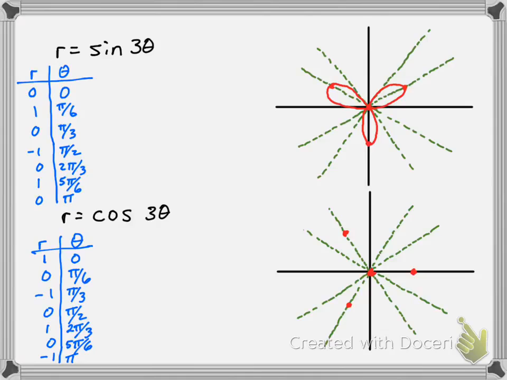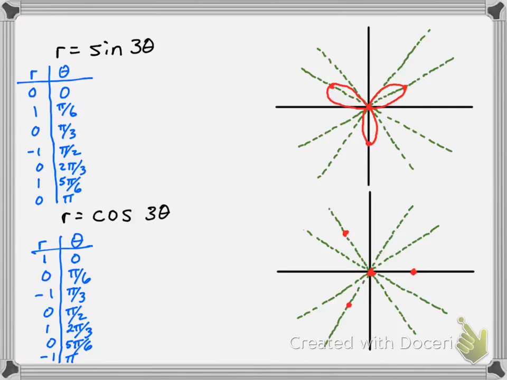All right, so just like before with the other problem, I only went through pi because if you go through 2 pi, you just end up plotting the same points that are already on the graph over here, these 4 points. Now we're starting out at 1, 0, which is this coordinate right here, and then we're going to be rotating from here to pi over 6, 0, and then goes to pi over 3, -1, which is down here, back to 0, and then around to this other point, and then back to 0 again.